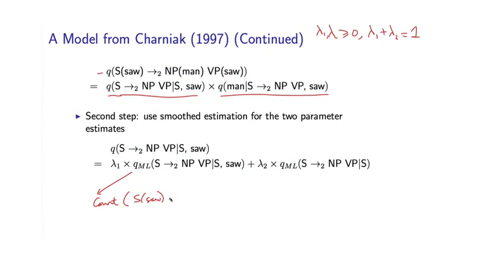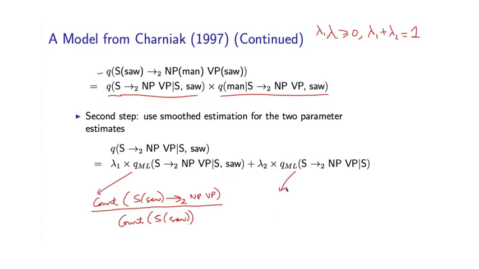So this is S headed by SOR, rewriting as NP VP with the second child VP as the head, divided by the count of S SOR. So that maximum likelihood estimate is basically an estimate of the probability of S SOR rewriting with this particular rule. Again, it's a very natural, simple, intuitive estimate.